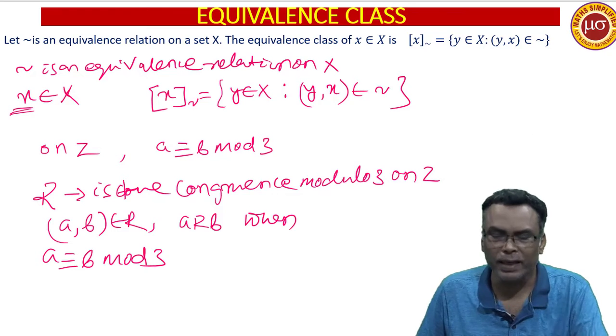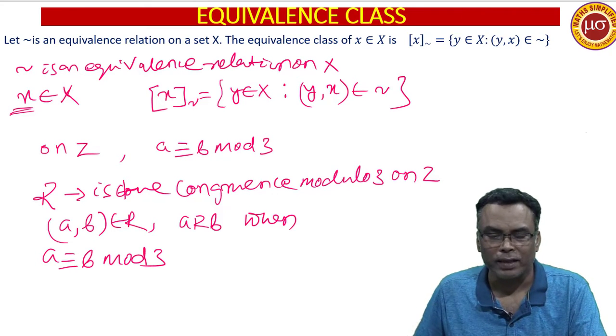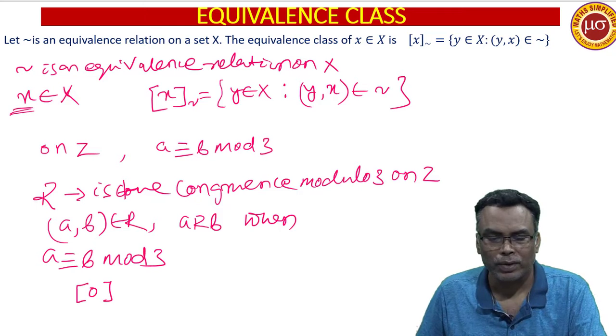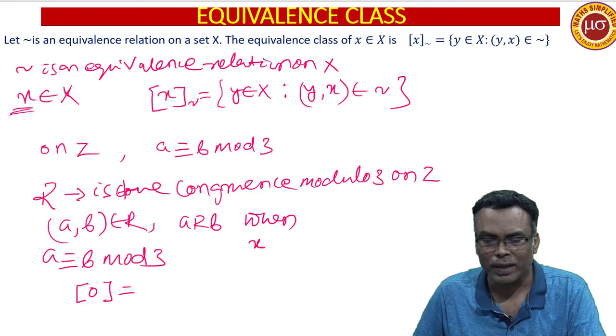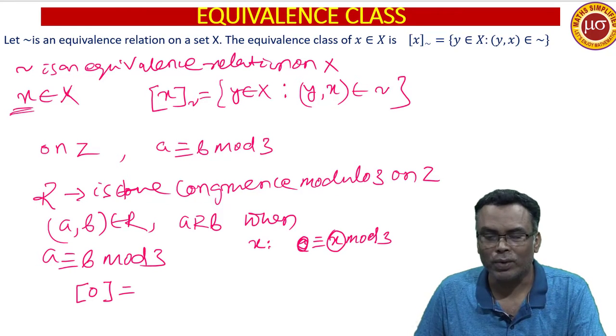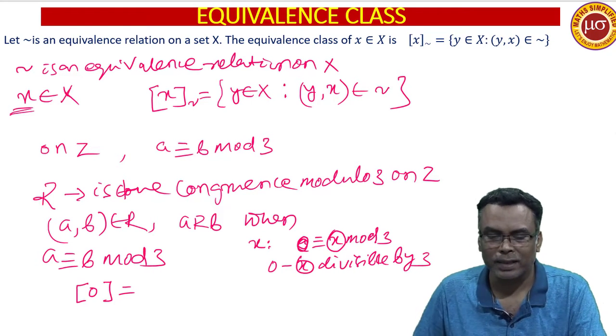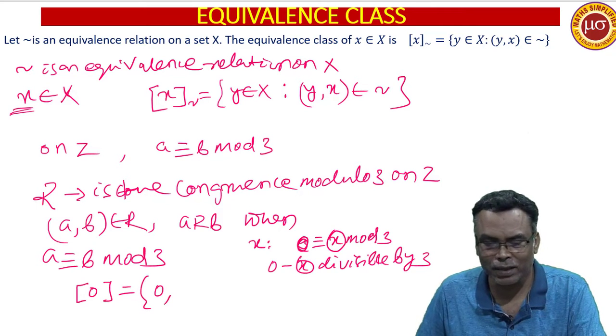In this relation, what is the equivalence class of 0? What elements are related with 0? It is the set of all x's such that 0 is congruent to x mod 3, meaning 0 minus x is divisible by 3. So what is that x? First I can take x is 0.